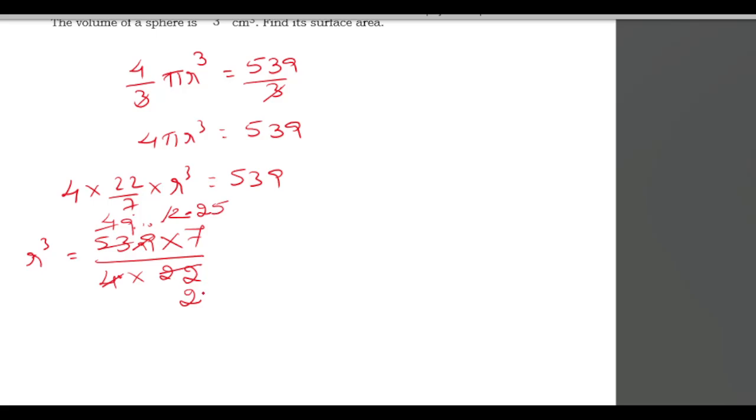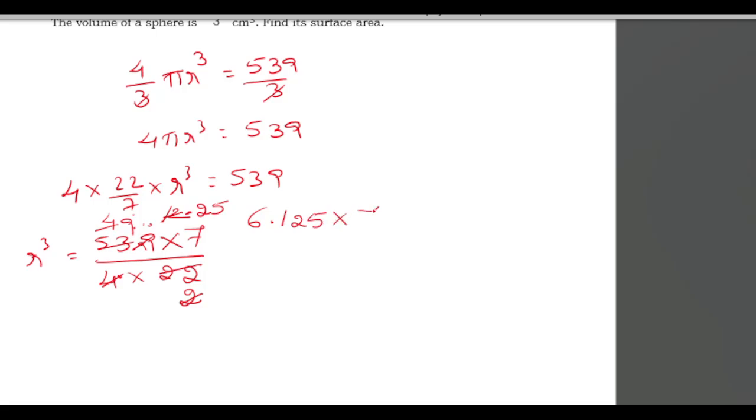Again you can divide with 2. 2 sixes are 12. 2 ones are 2, 2 twos are 4, 2 fives are 10.